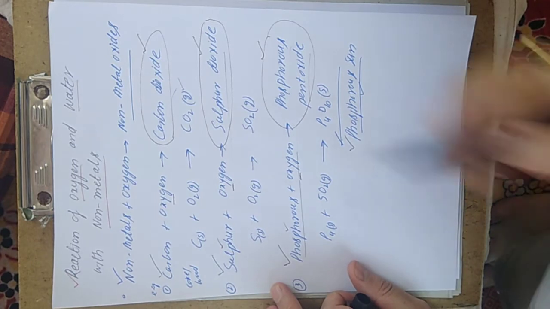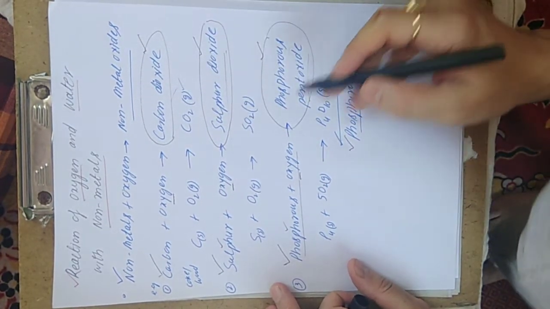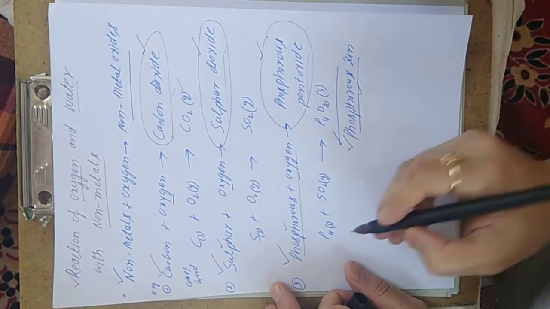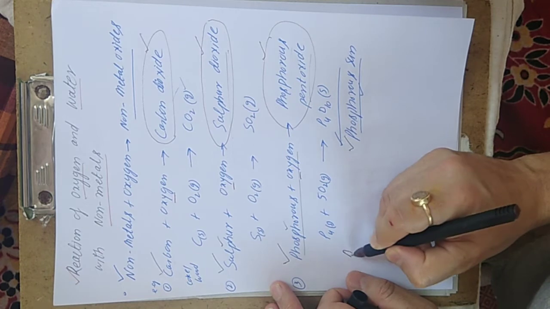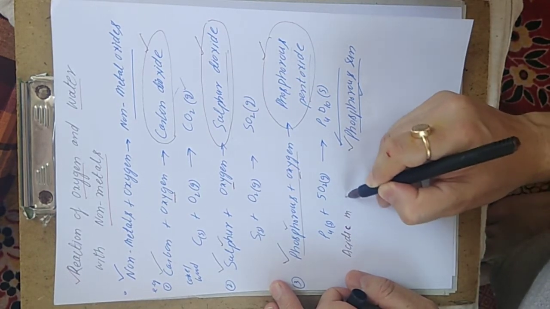Now the point is, these sulfur dioxide, carbon dioxide and phosphorus pentoxide, they all are acidic in nature.